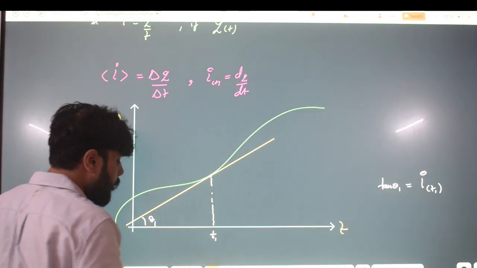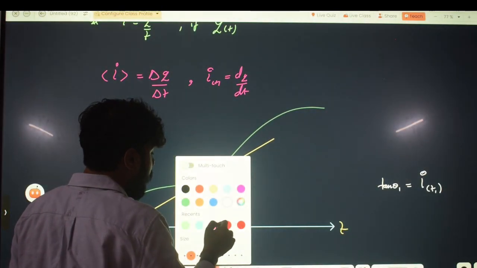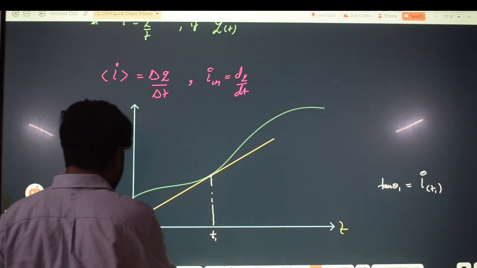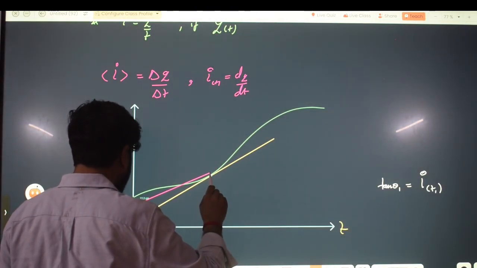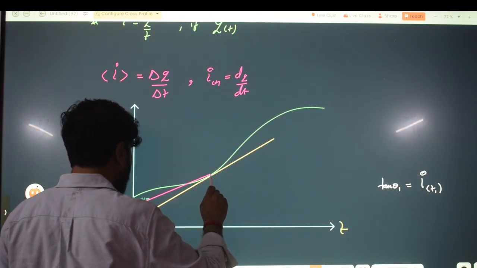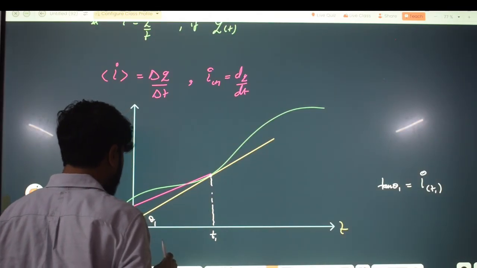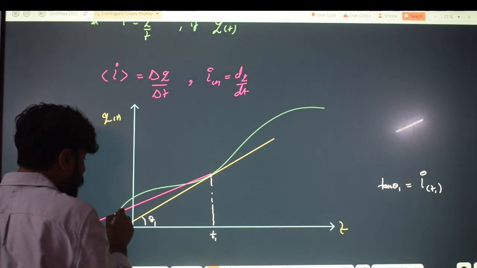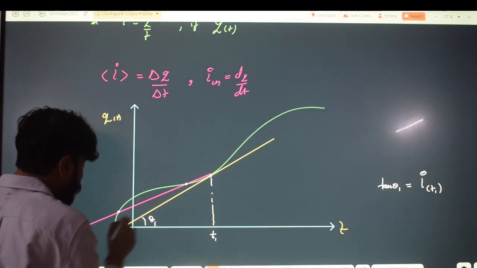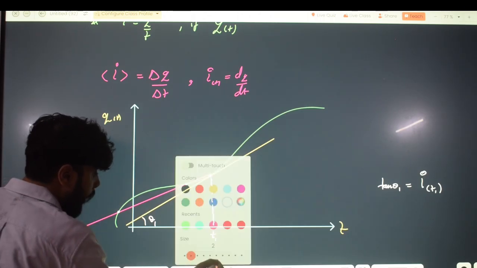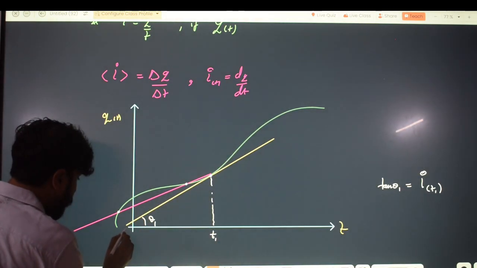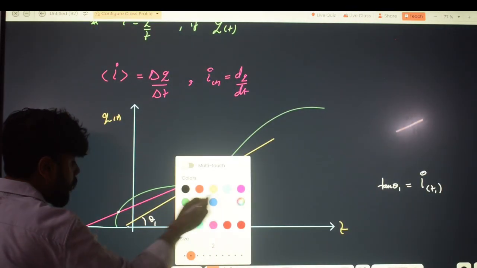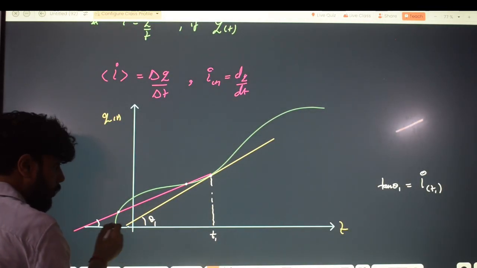But if instead of a tangent you draw a secant, it will have 2 points of contact. You can see this one and this one. So this will also form some angle with the horizontal axis.